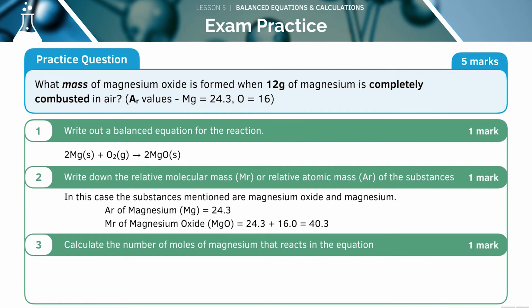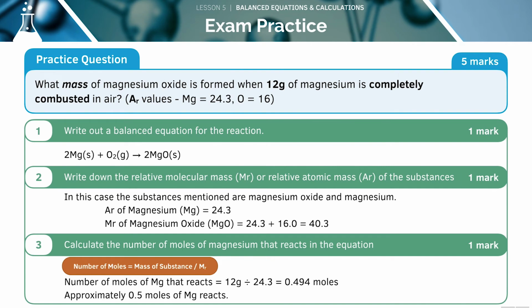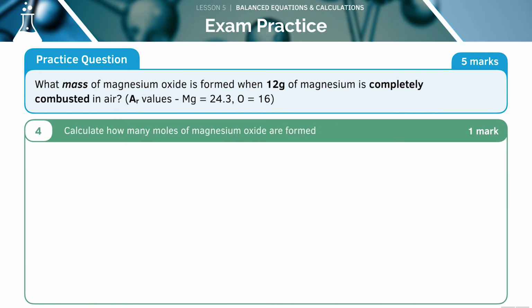Now we can calculate the moles of magnesium that reacts in the equation. So here we would use our equation, number of moles is equal to mass over Mr. Now we can calculate the moles of magnesium oxide.